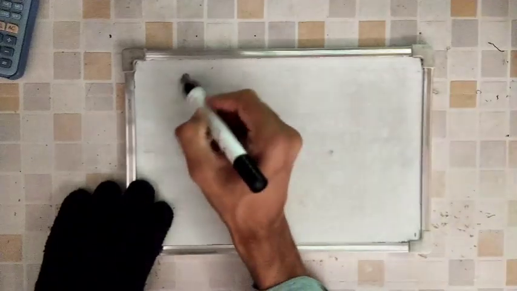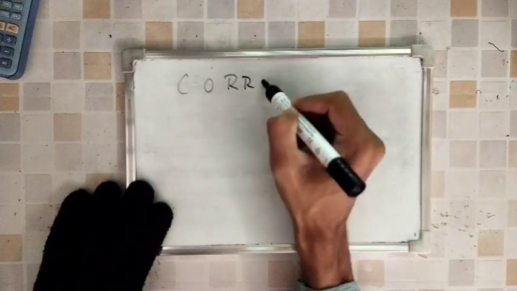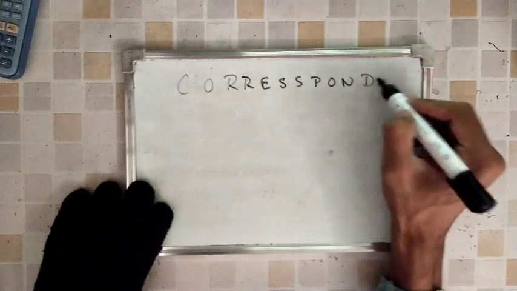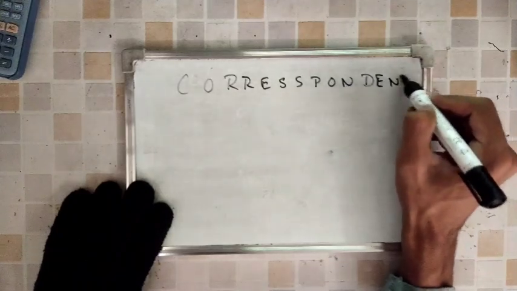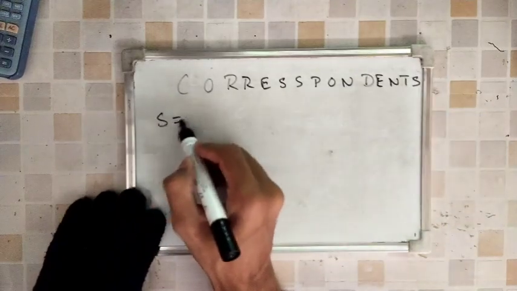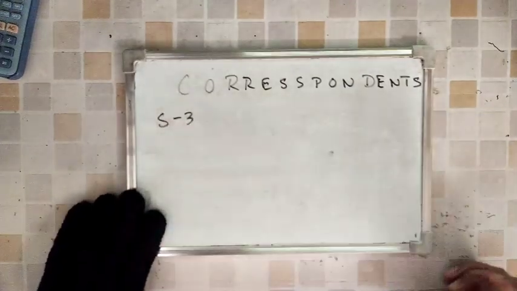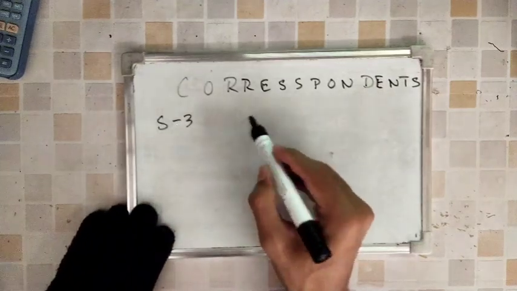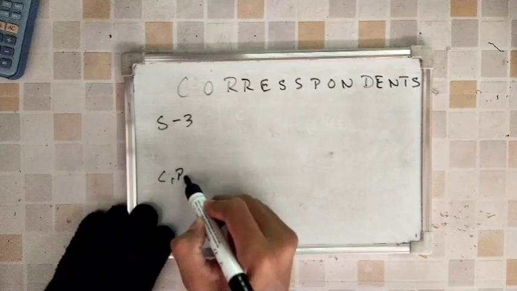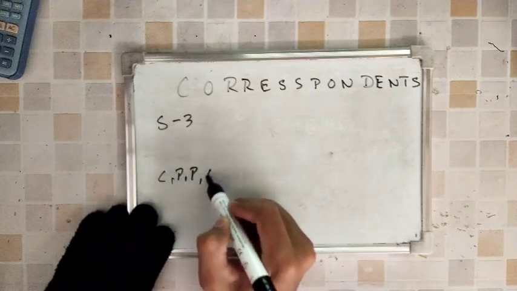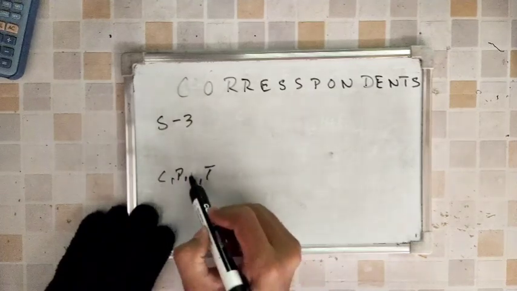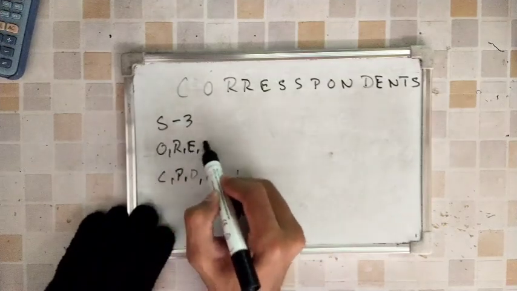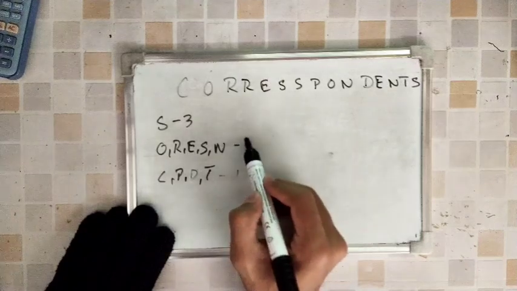C O R R E S S, okay, P O N D E N C E, correspondence. So S has come 3 times, sorry, how did I forget to mention that S has come 3 times. Each of C, P, D and T has come 1 time, then O, R, E, S, N has come 2 times.